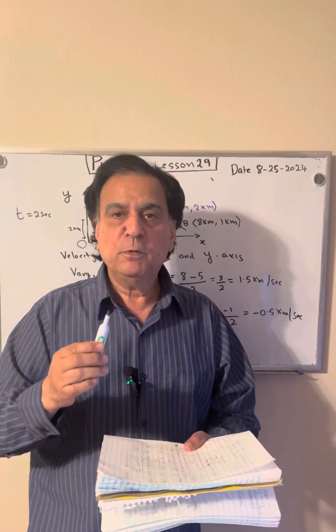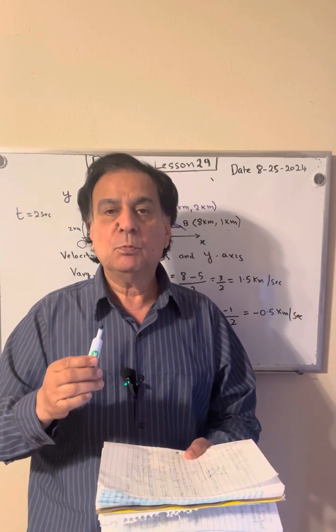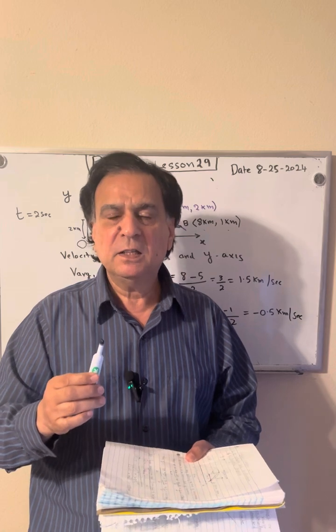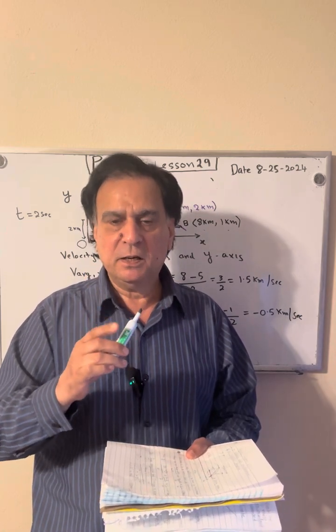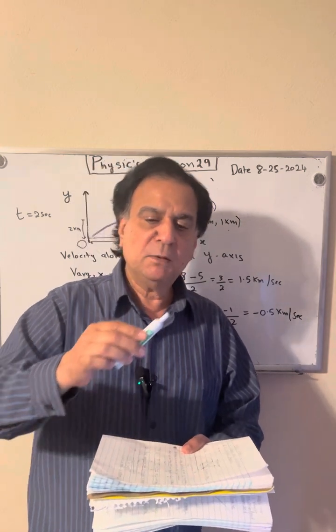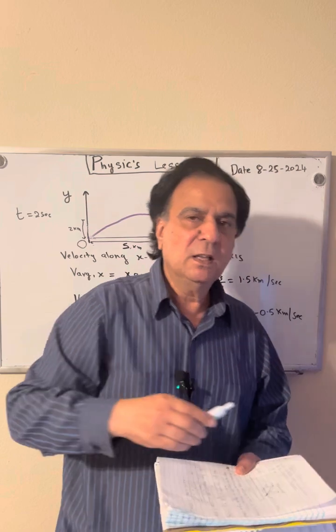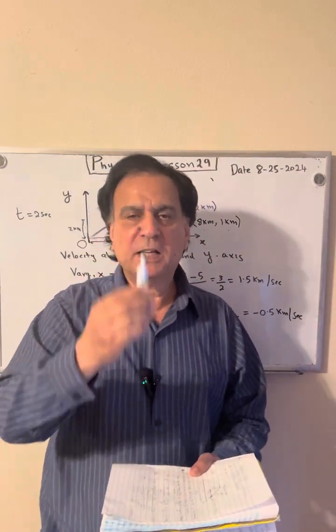That component could be force, that component could be acceleration, that component could be electric field, that component could be magnetic field. But the key over here to remember is that anytime when you see a projectile motion which is going like this, there is a push in x direction and there is a push in y direction.